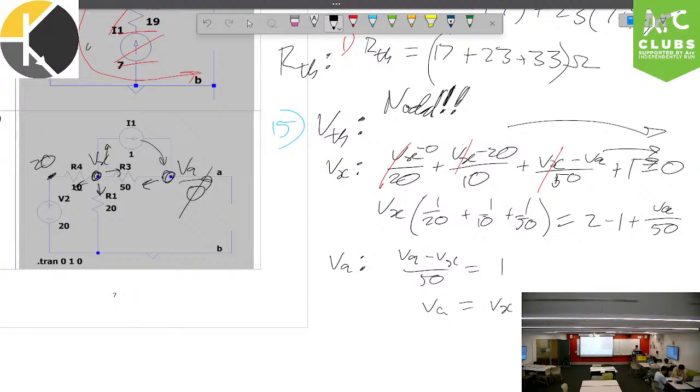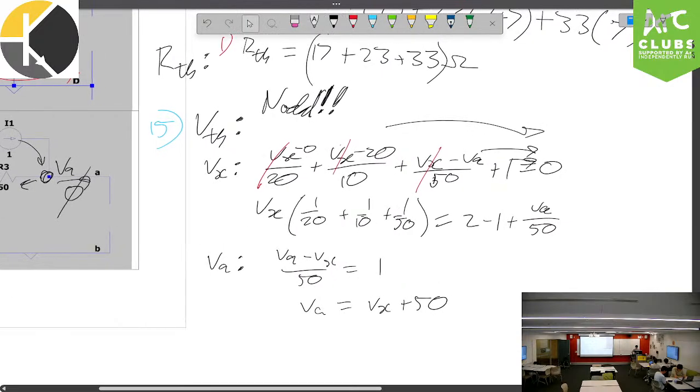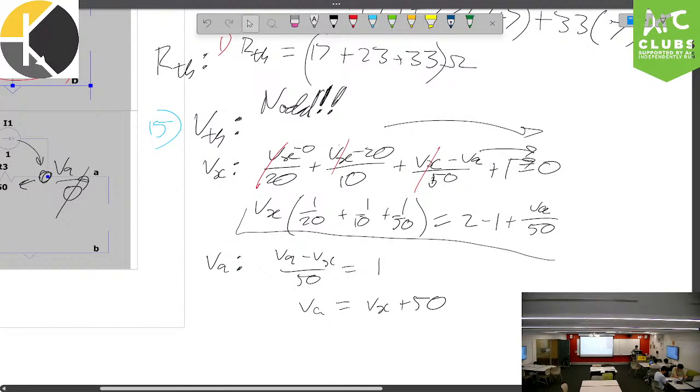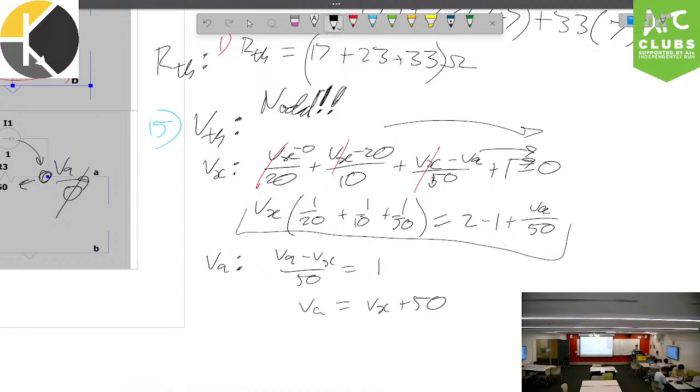Good stuff. Does that help me? It should, because now I can plug back in, okay? We have 2 equations in terms of 2 variables. We should be able to solve it. Just plug one into the other. So I want to find VA, so I'll turn Vx's into VA. So this bit, I chuck on the denominator over there, and I have some fun.